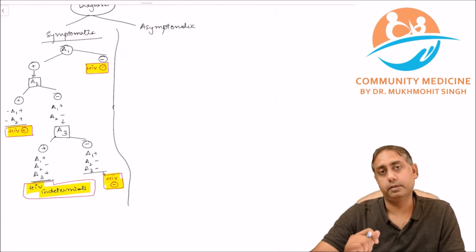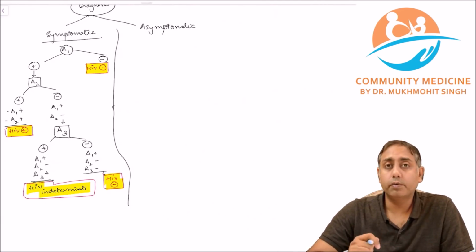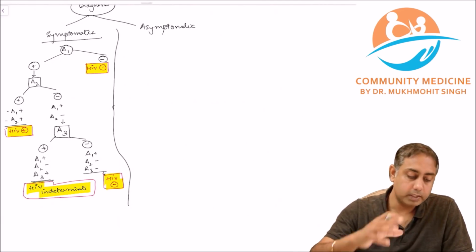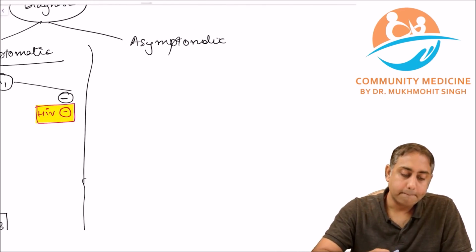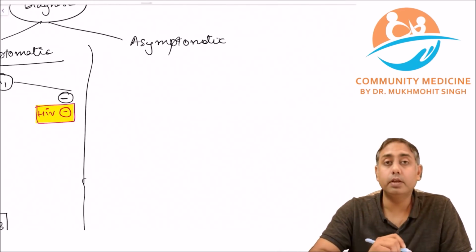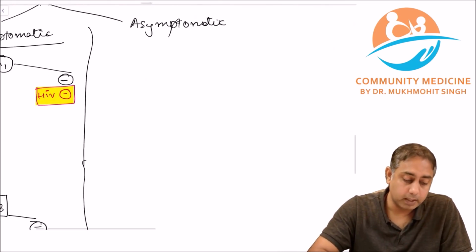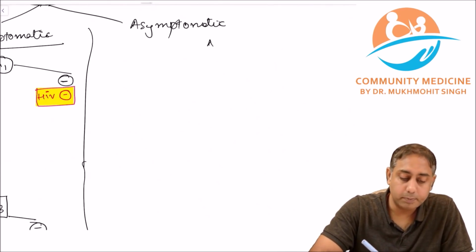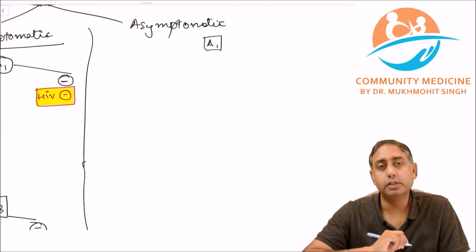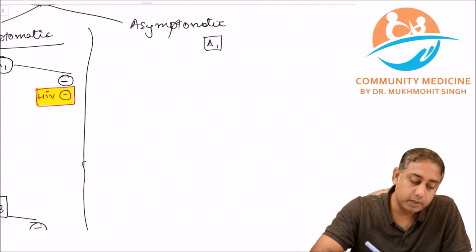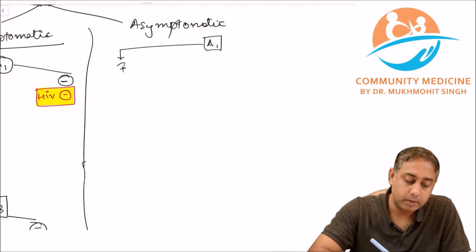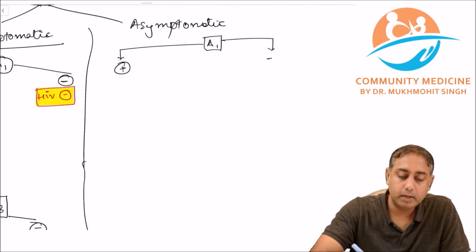Okay, next. Let's talk of the asymptomatic cases. Asymptomatic is slightly more ethically challenging and a little more complex, so just try to understand with open minds. You do the first test, that is A1. This A1 could be positive or negative.